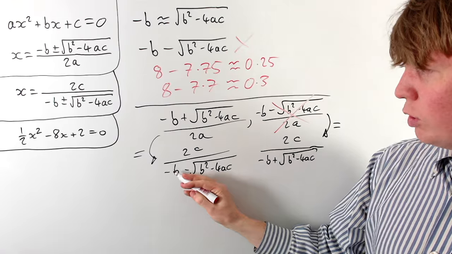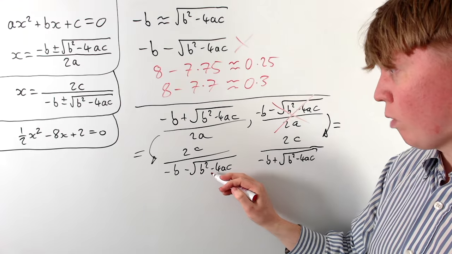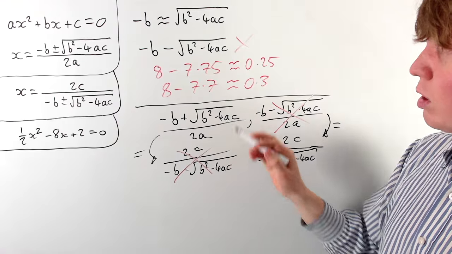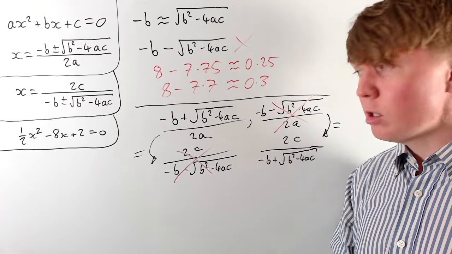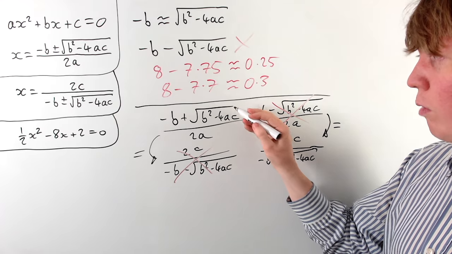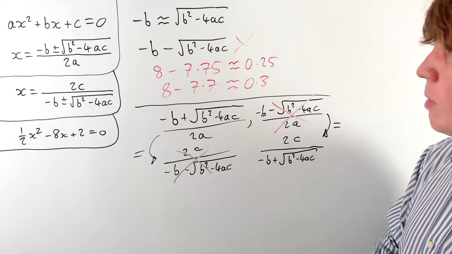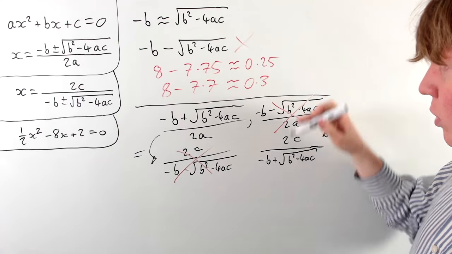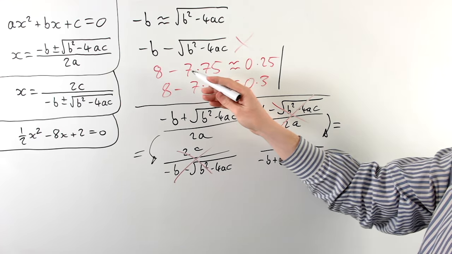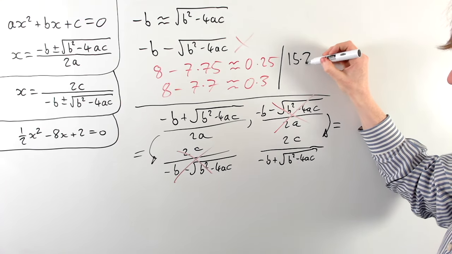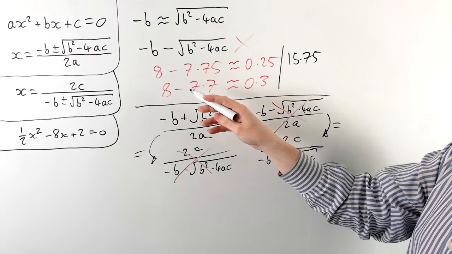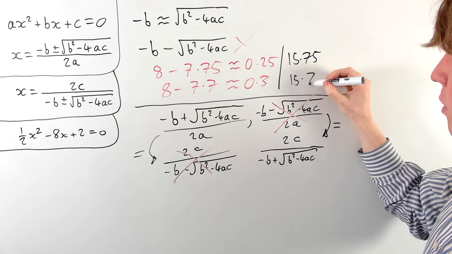So here we want to avoid using the minus b minus the square root term, because we know that in a proportional sense this is quite a bad approximation. We can use minus b plus the square root, because with this approximation it doesn't give us as much of a problem in a proportional sense. Here 8 plus 7.75 gives us 15.75, and 8 plus 7.7 still gives us 15.7.